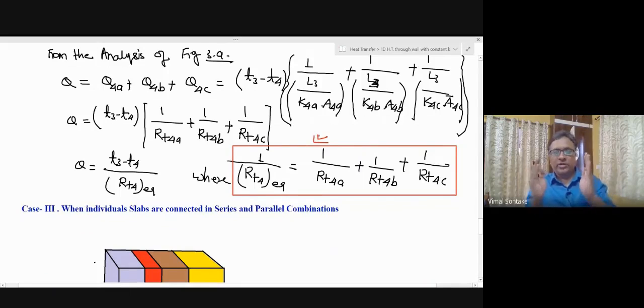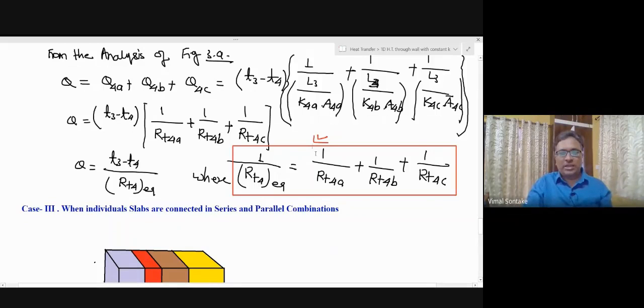If resistances are connected in series, the total thermal resistance will be the summation of the individual thermal resistances, and if resistances are connected in parallel, the equivalent electrical resistance will be given by 1 upon RT equivalent is equal to 1 upon RT1 plus 1 upon RT2.